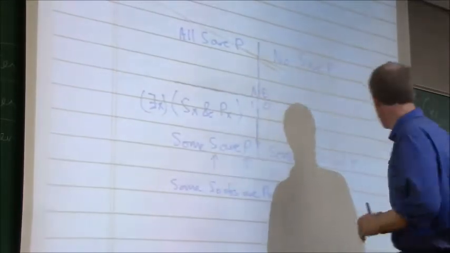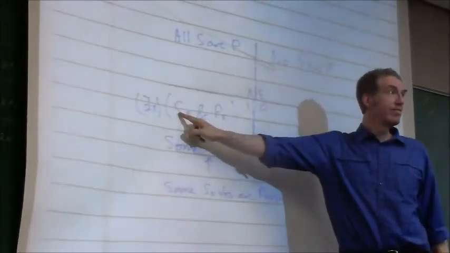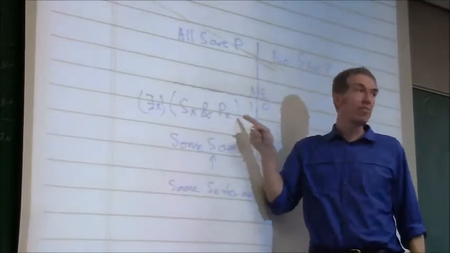Remember how we represented some SRP as a Venn diagram. Looks like this, right? What do we say? We're saying X is S, and we're saying that X is P. So SX and PX. All right?